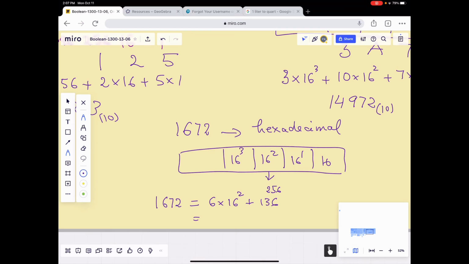And then you break the 136 into the hexadecimal number.